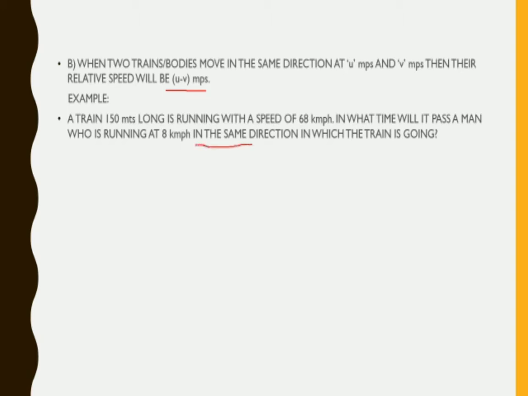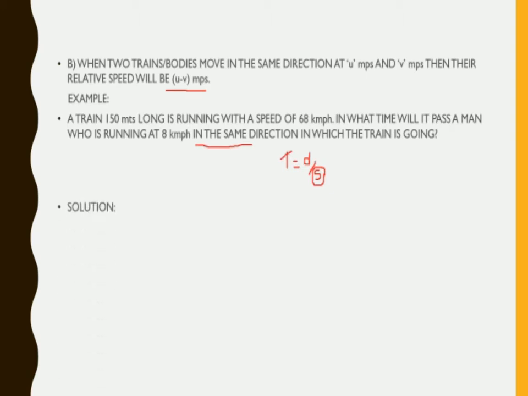We know that we have only one formula for calculating time, distance and speed. For calculating the time, the formula will be time is equal to distance divided by speed, right? But while these two bodies are moving in the same direction, we'll replace the speed in the formula with the relative speed, that is u minus v meters per second.